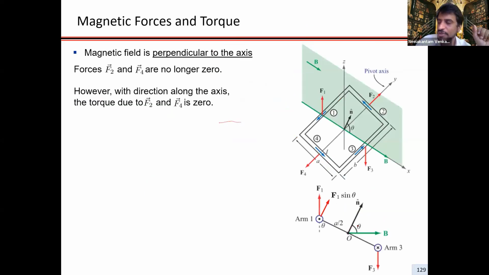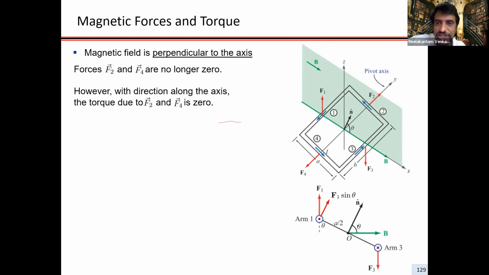Now what we're going to see is, let's say this is the direction of the magnetic field, and the loop was in the plane. Now if the loop starts to rotate in the clockwise direction that we observed earlier, how are things going to change?